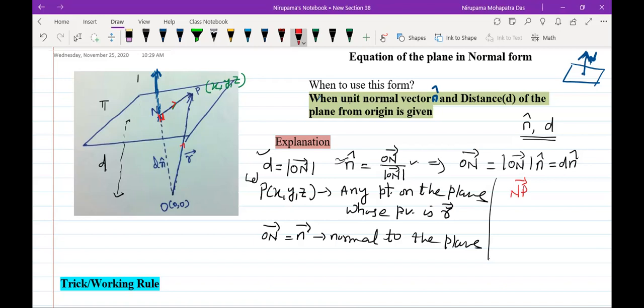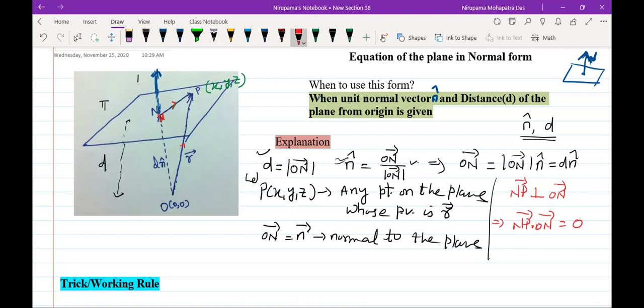The normal to the plane is perpendicular to each and every line of that plane. So NP is perpendicular to ON vector. It means NP vector dot ON vector equals 0. Two vectors perpendicular, dot product is 0.